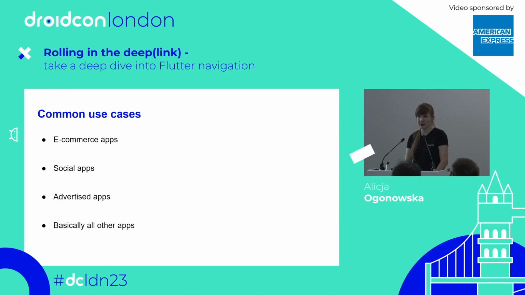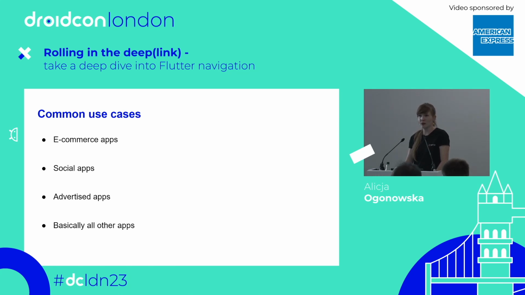There are some common use cases where implementing deep links is crucial. For example, if you have an e-commerce app and your users get a link to a product, if they click on the link, surely they want to see the exact product and not your app's main page. If we talk about sharing, any kind of app that allows users to share content, like social media apps, news apps, articles, etc., should definitely implement deep linking so that users can be taken directly to the content that interests them.